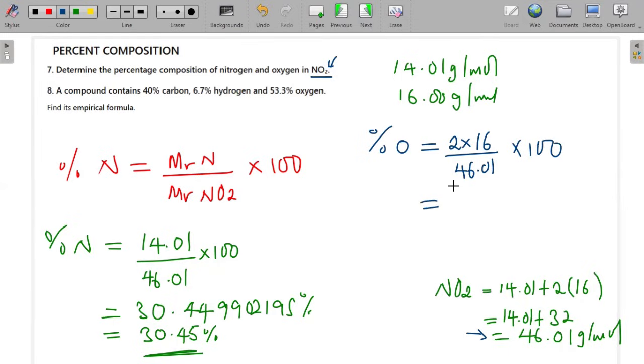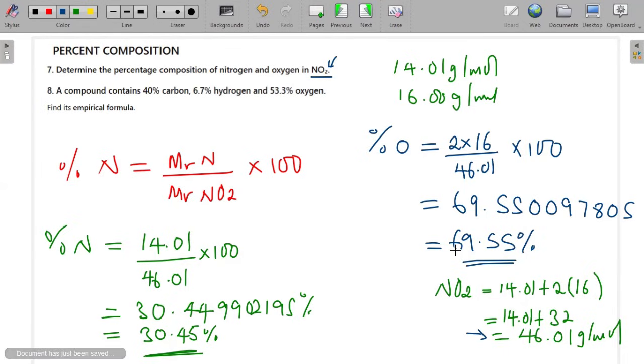What do I get? My calculator says 69.550097805. Rounded to 2 decimal places, I get 69.55%.